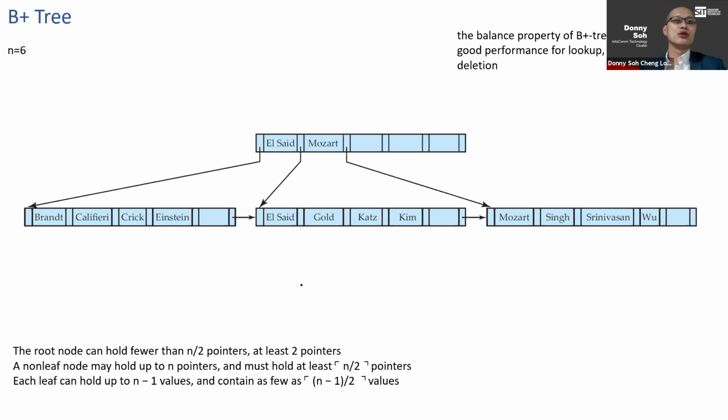So the root node, this is a requirement, can hold fewer than n divided by 2 pointers, but it must hold at least 2 pointers.